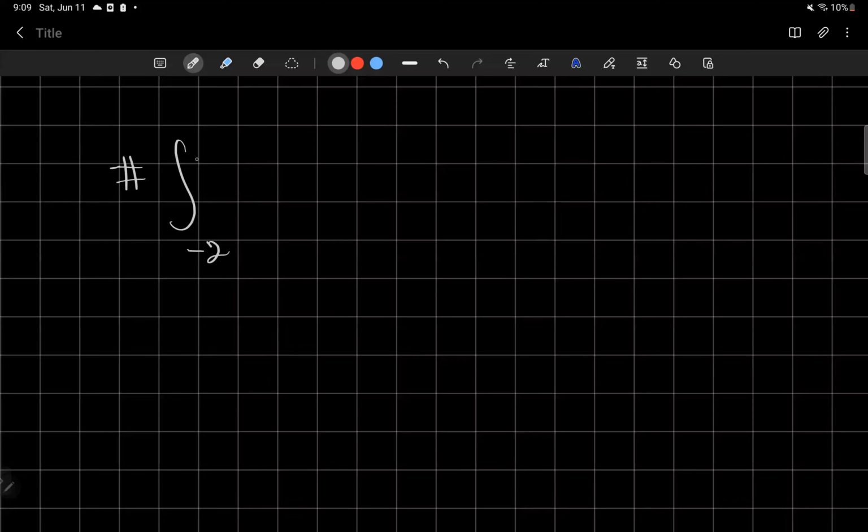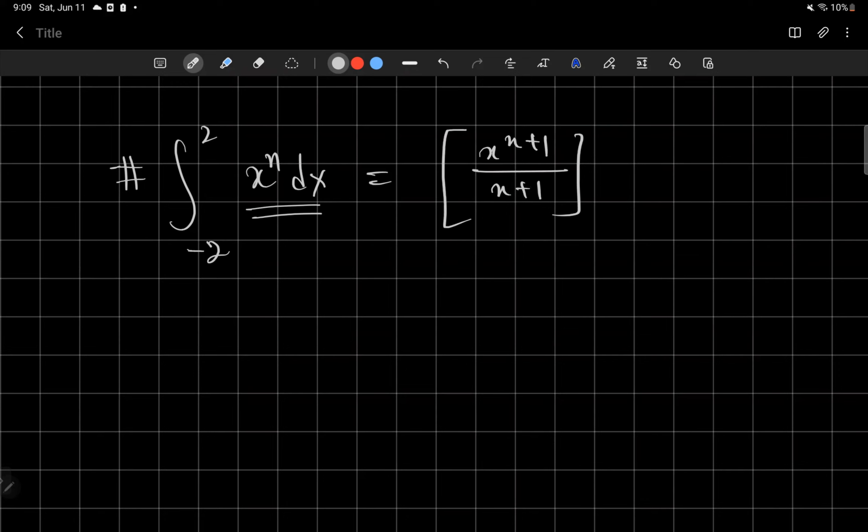Let's say I have the integral from -2 to 2. For now, this is a very simple one. x to the n dx, let's say. So everyone knows how to integrate this thing, right? This is just x to the n plus 1 over n plus 1, evaluated from -2 to 2. After you're done with the indefinite integration, you just need to put the values of the limits inside this.